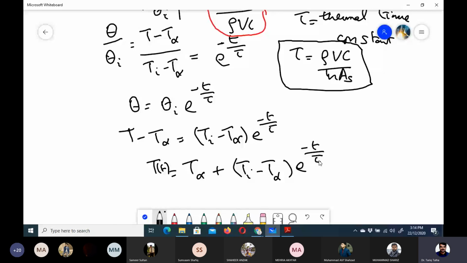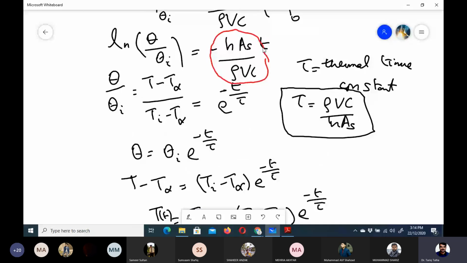And the second relation which I told you, if we want to get time from here, then I take log of both sides, and the e exponent would be cancelled out.